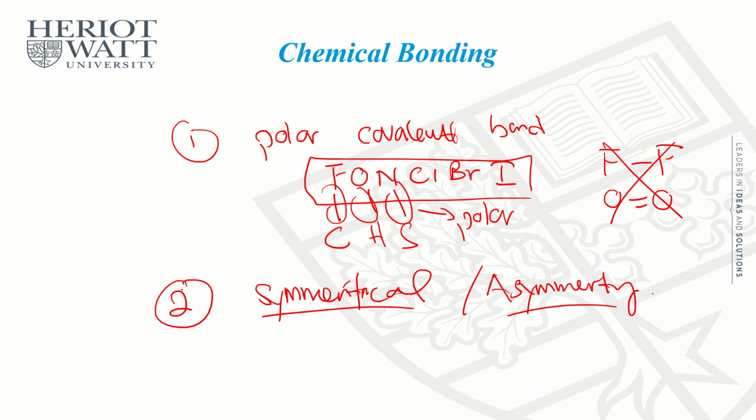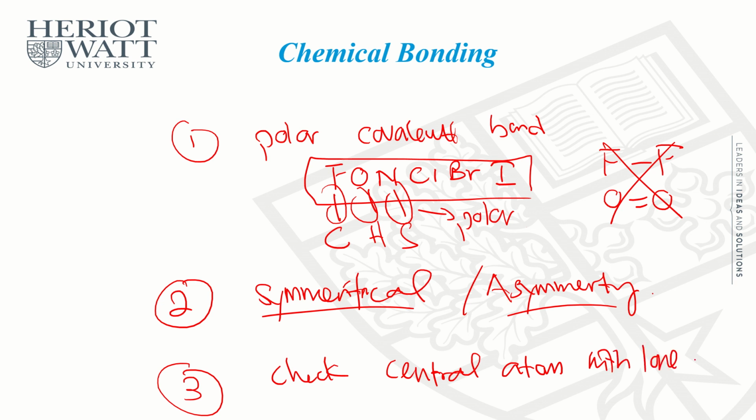All right, and there is one more thing. The third thing here is to check whether the central atom has a lone pair of electrons. If you have a central atom with a lone pair of electrons, then for sure that molecule is polar.